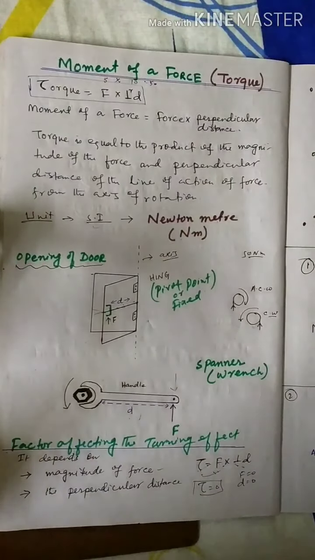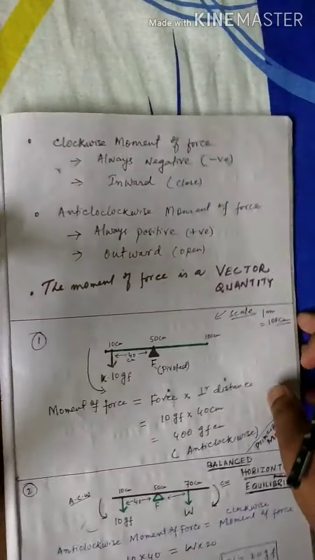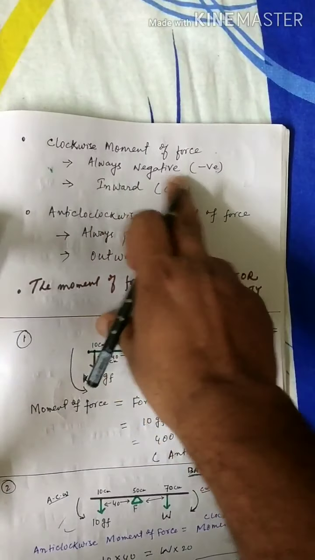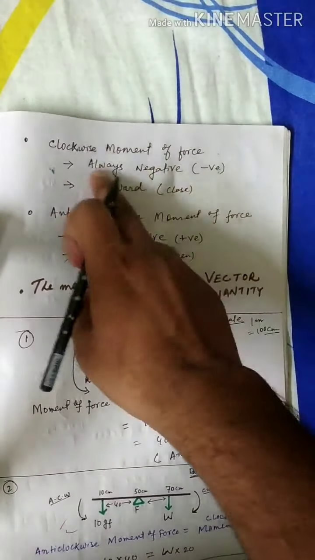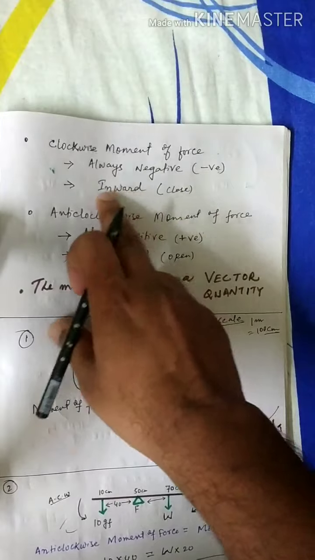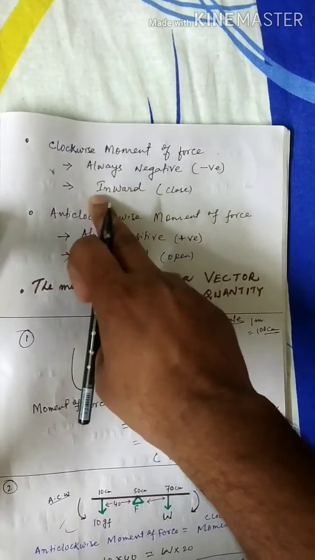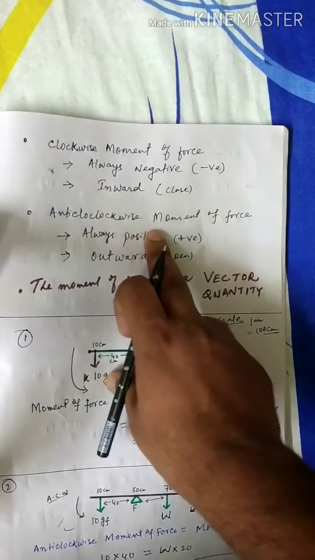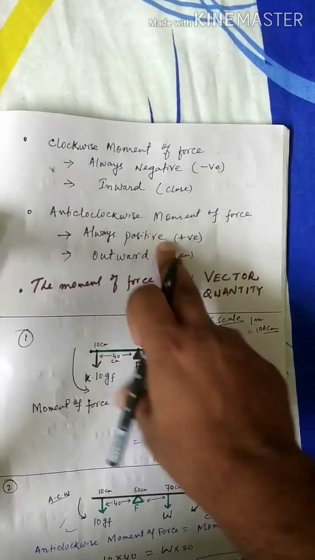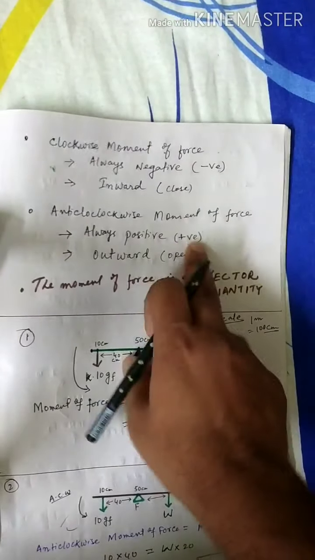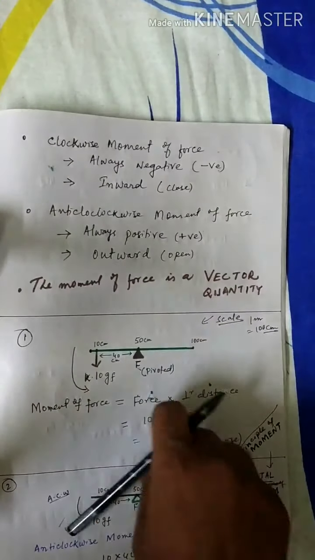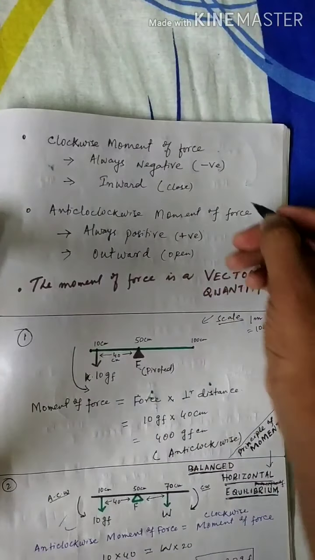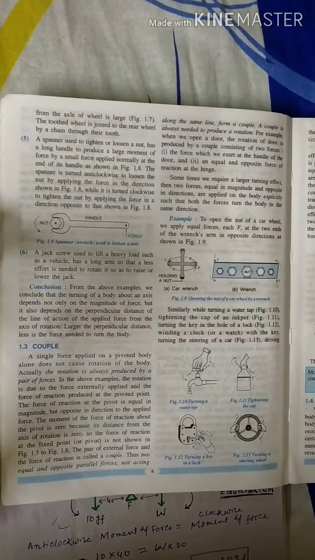Okay, now the clockwise moment of force is always negative, and it is inward. Inward means close. The anti-clockwise moment of force is always positive, and it is outward. For example, this is a tap.